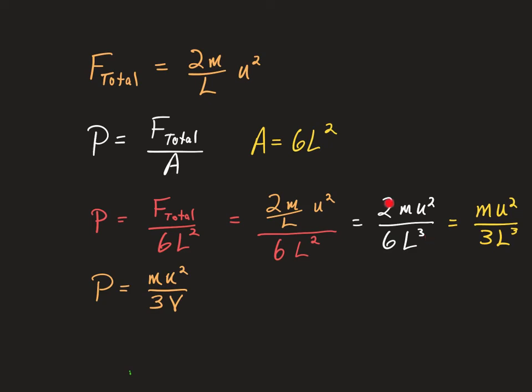And 2 over 6 is 1 over 3. So we get that the mass times the speed squared divided by 3 times the length cubed is our pressure. But length cubed is a volume, right? That's how we define our volume. So now we get that the pressure is the mass times the speed squared divided by 3 times the volume, right? So we're getting there a little at a time.